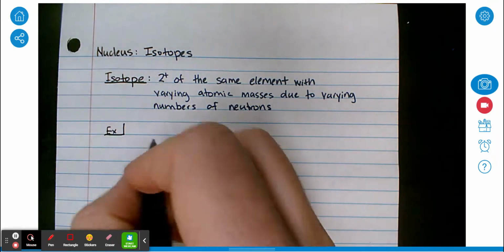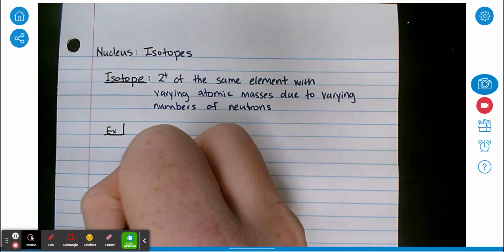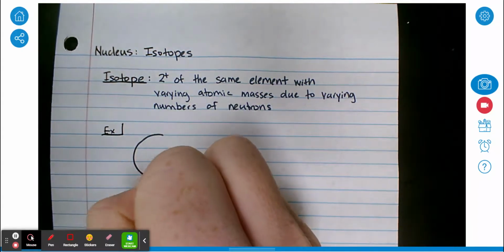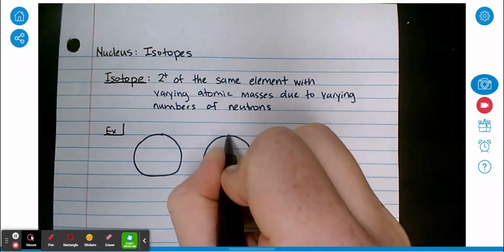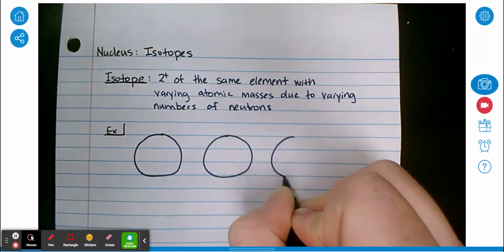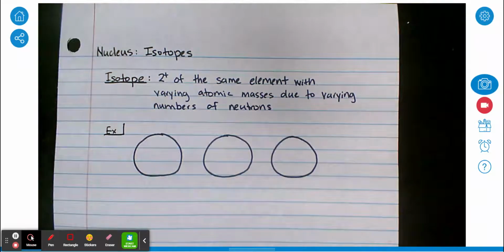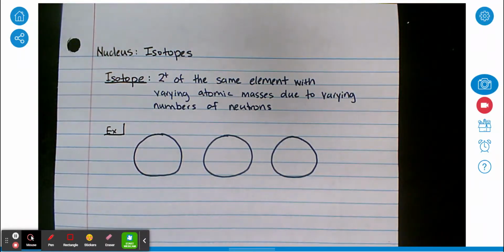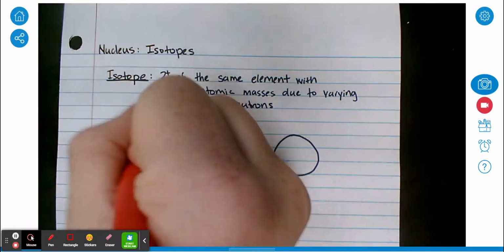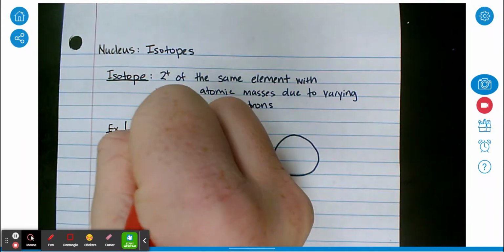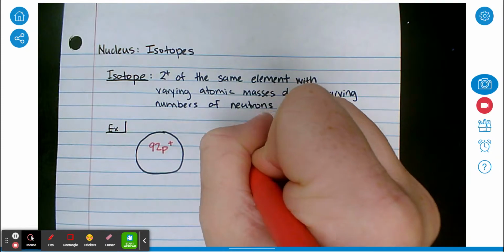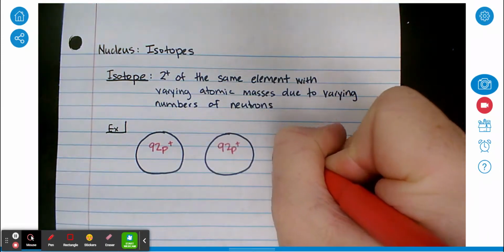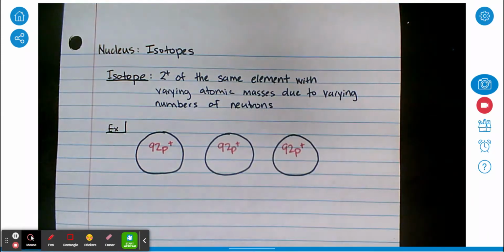I am going to draw 3 nuclei. And inside these nuclei, I am going to place 92 protons and varying numbers of neutrons.